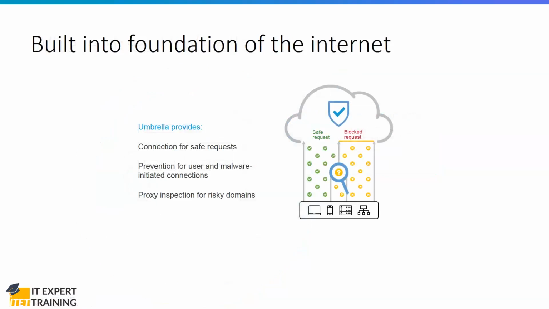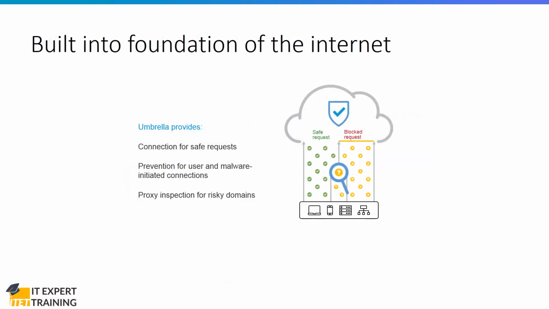Let's see. So when Umbrella receives the DNS request, let us say when your environment, the network devices, send the DNS request to the Umbrella cloud, it first identifies which customer the request came from and which policy to apply.